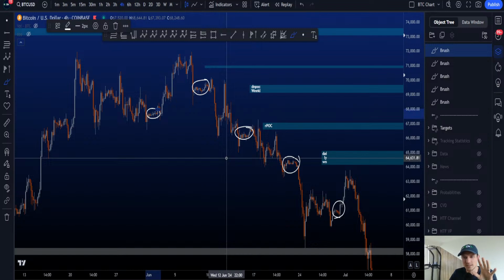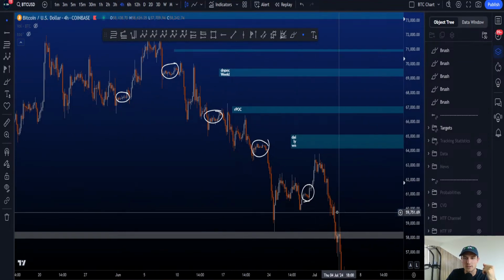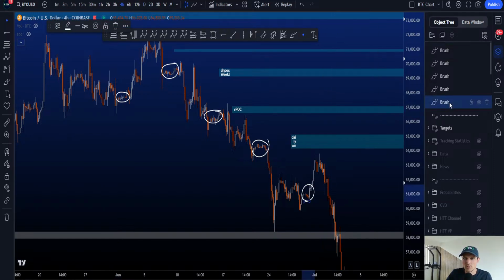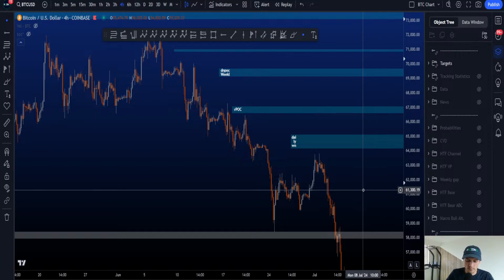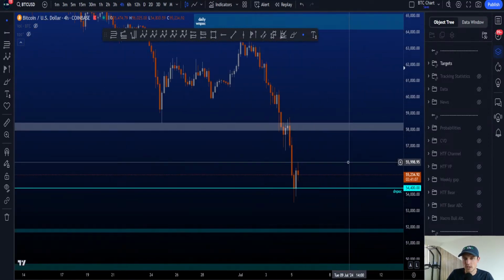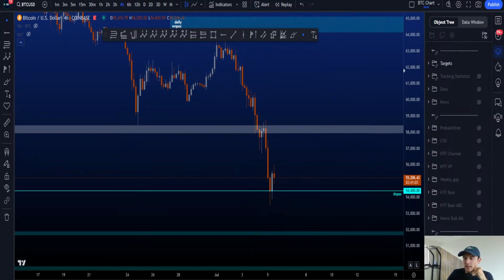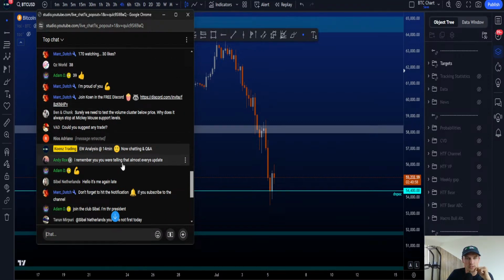So you can see during the weekend, price likes to range, the action mainly happens during the week, Monday to Friday, when the markets are open. So yeah, the weekend is coming up. It is the final day before the weekend hits, and most commonly we go sideways. So it will be interesting to see where we end, and then you would expect a sideways range. So trade the range until it breaks.